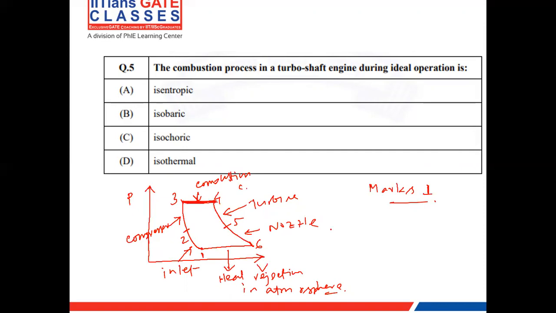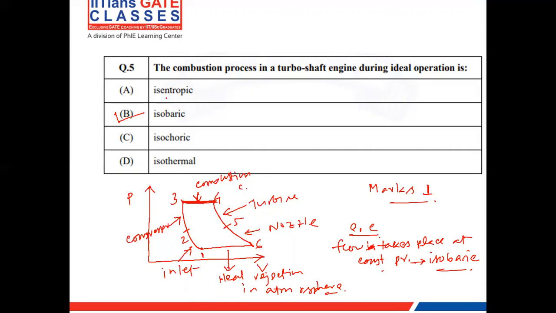The flow in the combustion chamber takes place at constant pressure, and this constant pressure process is known as an isobaric process. Okay, so hence this is the correct option.